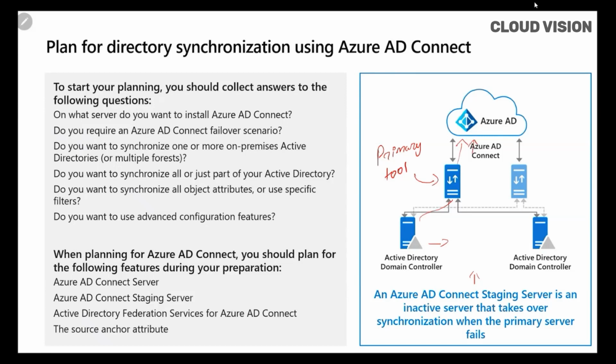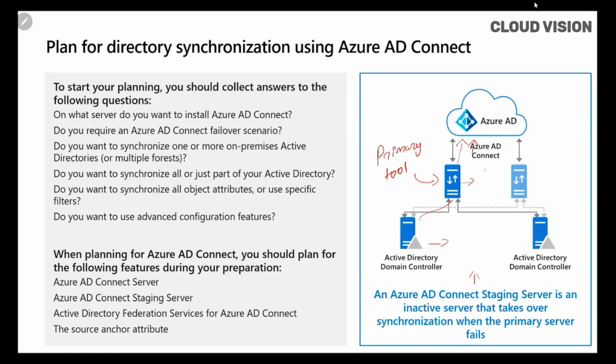But let's say this particular server goes down for any particular reason. Maybe it's a maintenance issue. Maybe it's a service degradation. Maybe you want to run a security patch or an update on it. There could be many reasons for which this server can go down.